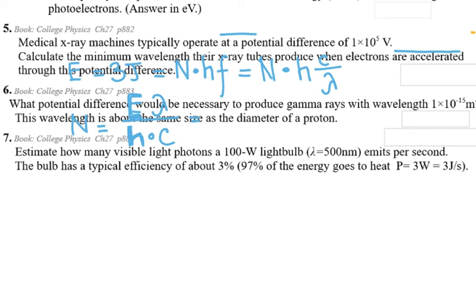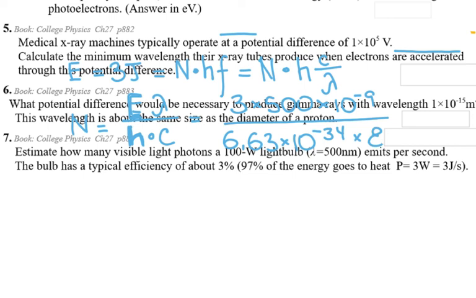So I have the energy, which is 3 joules, times the wavelength, which is 500 nanometers, so 10 to the negative 9. And then all of that divided by Planck's constant, which is 6.63 × 10 to the negative 34, times the speed of light, which is 3 × 10 to the 8.